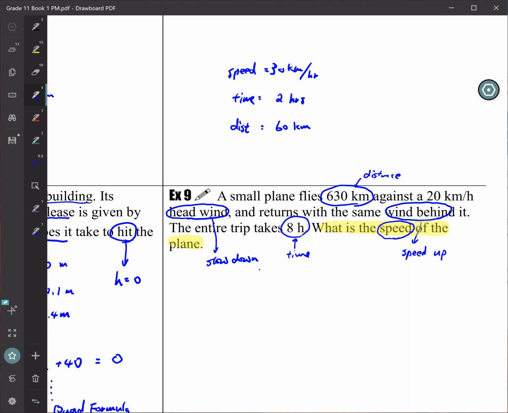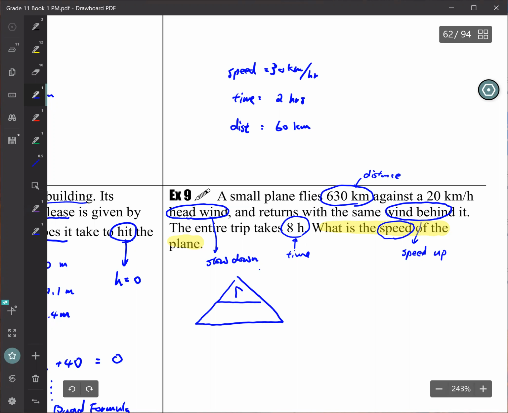So we can put the formula into a triangle shape. Okay, and then we'll put distance on the top. Distance equals speed multiplied by time. So on the first one, if you want to find distance, it'll be speed times time.